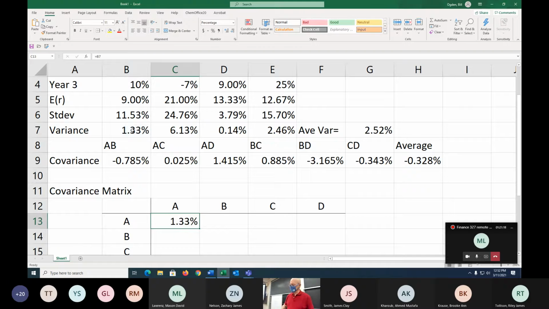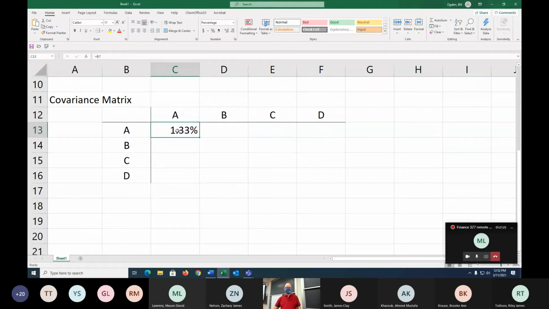All right, now let's save a little bit of time. Do you see how this works? On the diagonal, you're going to have B and B, C and C, D and D, right? Along the diagonal. Does that make sense? So we're going to copy this across, and then we'll fix it. Then I'm going to move this one down to B and B, right?